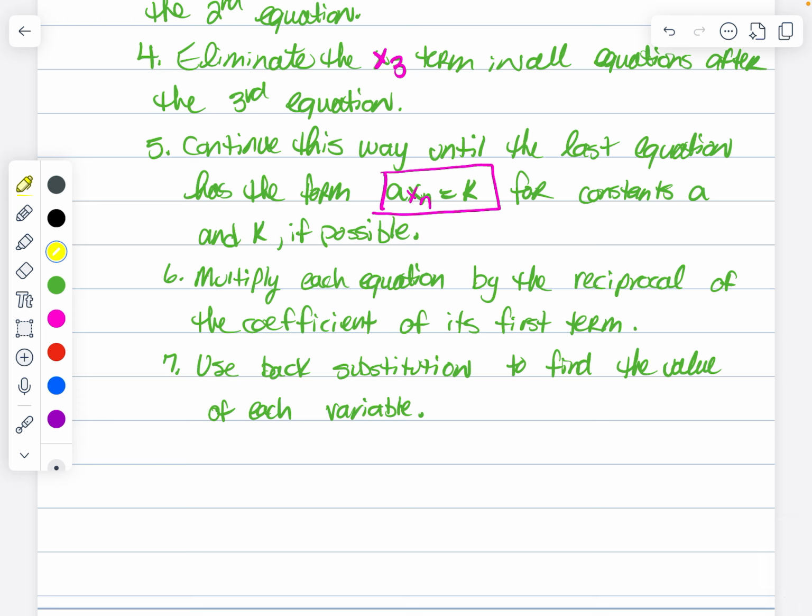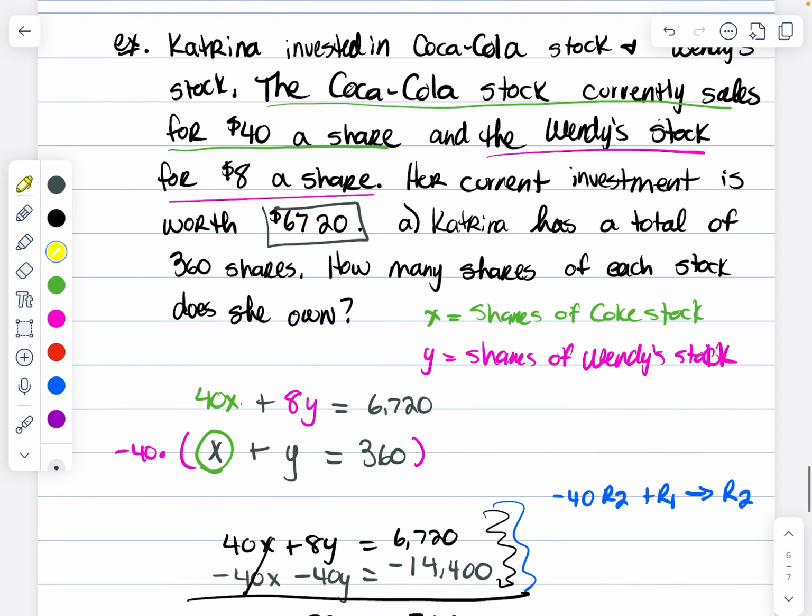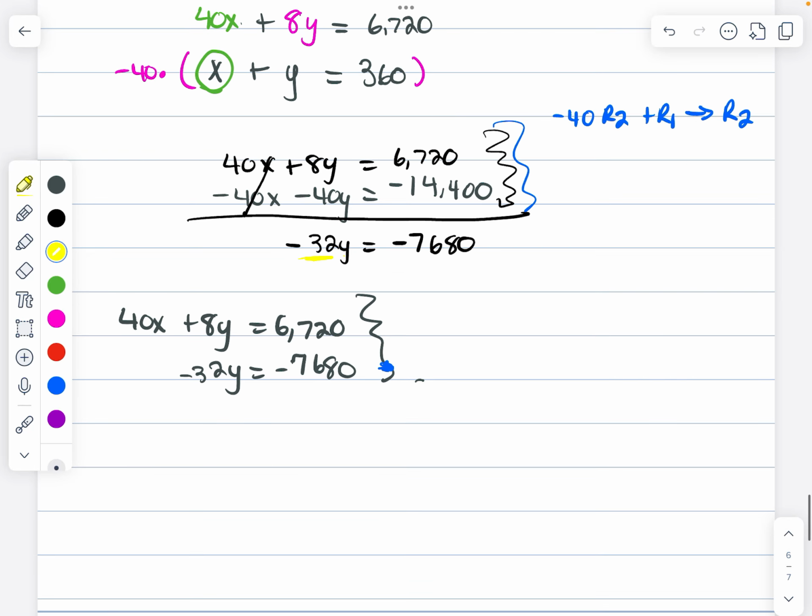Now what? It says multiply each equation by the reciprocal of the coefficient of its first term. Here, the first term is 40, so we need to multiply row 1 times the reciprocal of its coefficient. The reciprocal of 40 is 1 over 40.